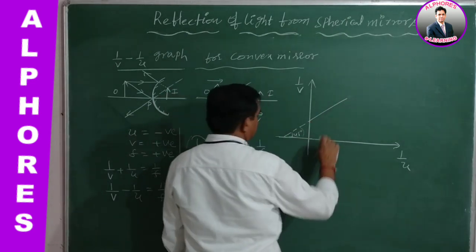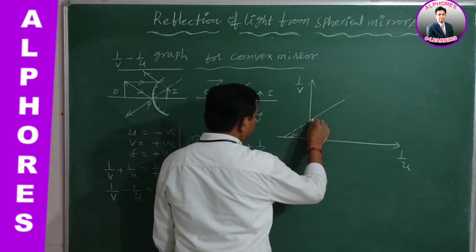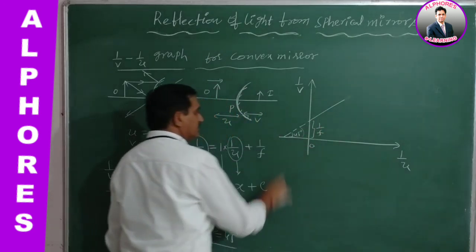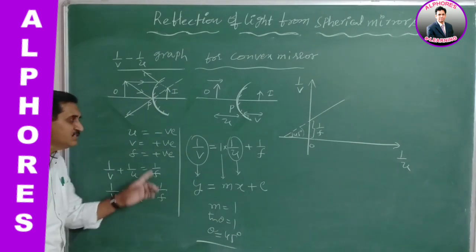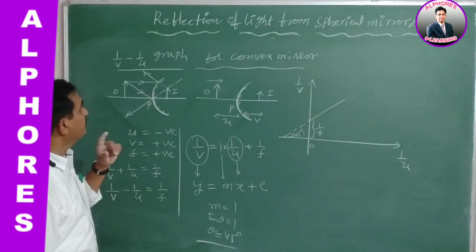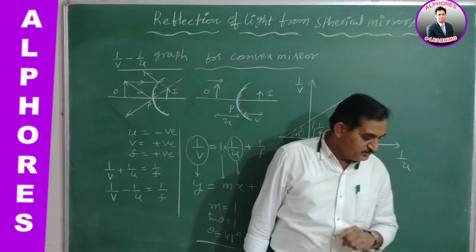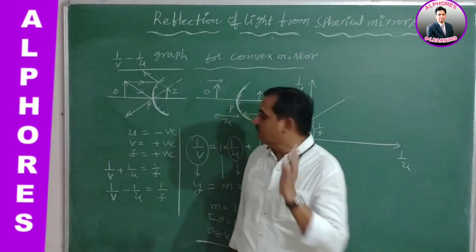Now this is the 1/v versus 1/u graph. This intercept is equal to 1/f. This is the origin. So this is the 1/v and 1/u graph for convex mirror. There is only one case, and that case is shown in the diagram.